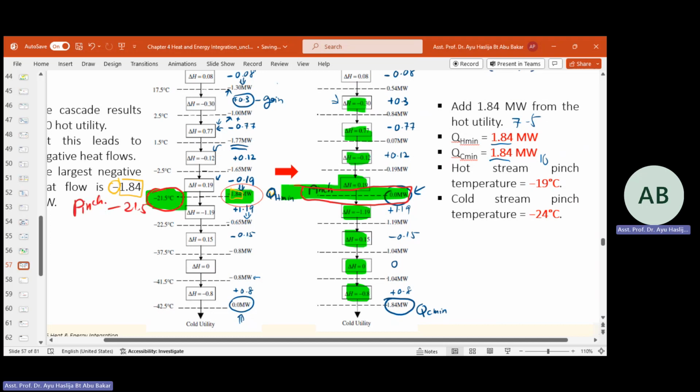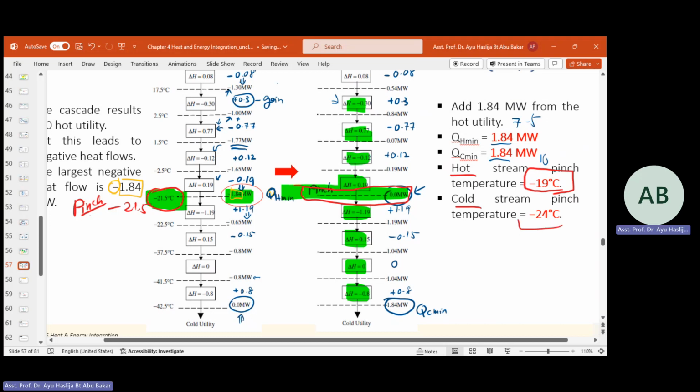This is not yet your final pinch point. You must identify the hot pinch and the cold pinch. Hot pinch, what you need to do? Add 2.5 back. That's how you get 19.